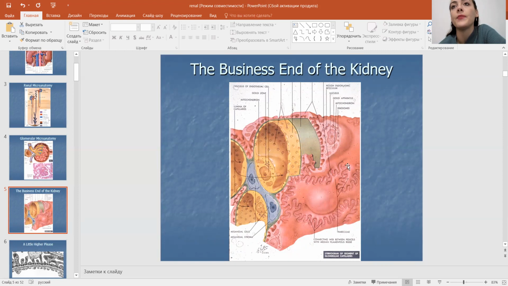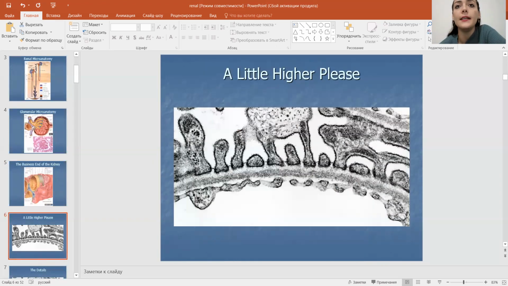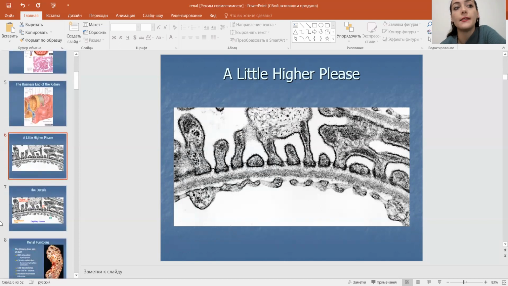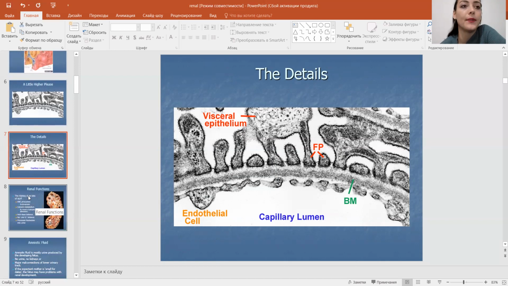Podocytes are the visceral epithelium of the Shumlansky-Bowman capsule, and there is the localization of the process of filtration. You can see endothelial cells, basal membrane, and podocytes. Visceral epithelium or podocytes, it is the same.